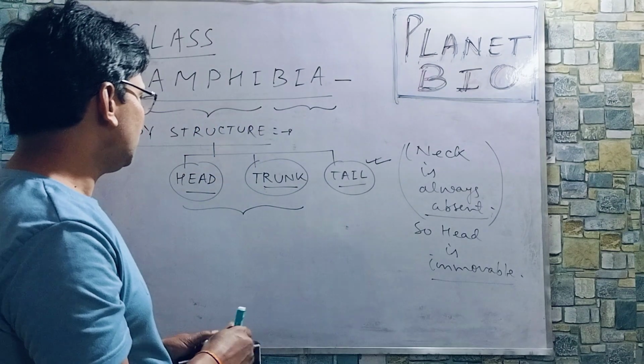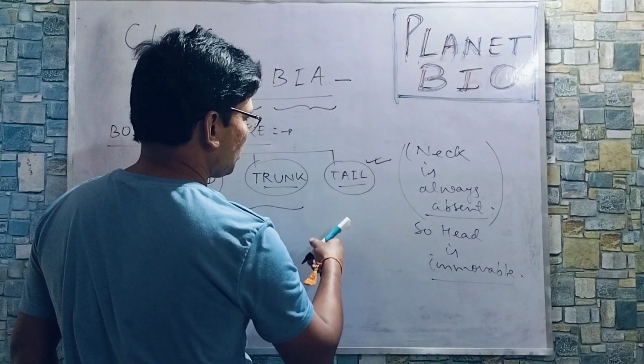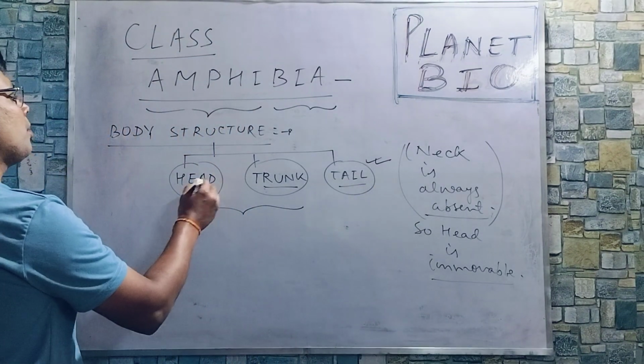Right? So, tail may be present or may be absent, but the neck is usually absent. So the main parts are head and trunk.